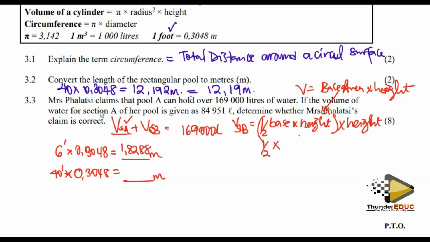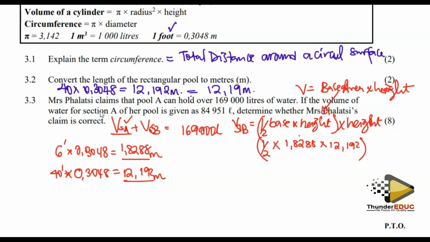Then the 40 will come 12.192. So they have become meters. So I will come and put them here. 1.8288 times 12.192.